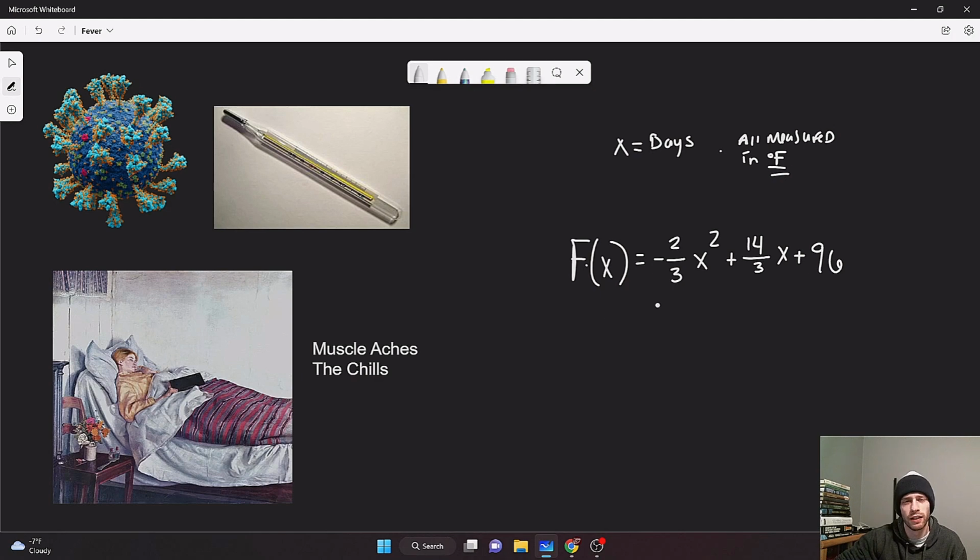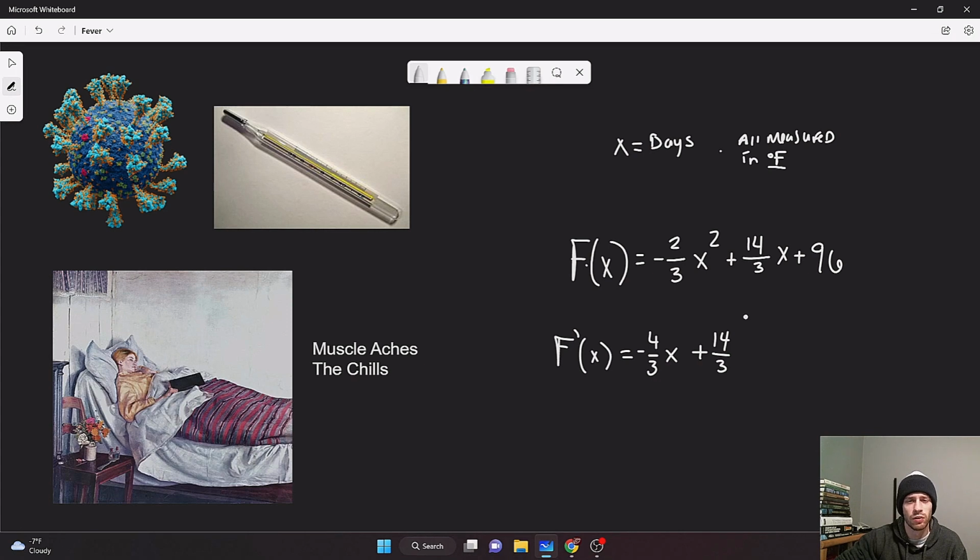Okay, so we have our model, and we are curious when the maximum temperature is reached, so the worst part of the fever. We want to know when that occurs. To do that, we can take the derivative of our model, so F prime of x is equal to negative 4/3 x plus 14 over 3, and this is our derivative function.